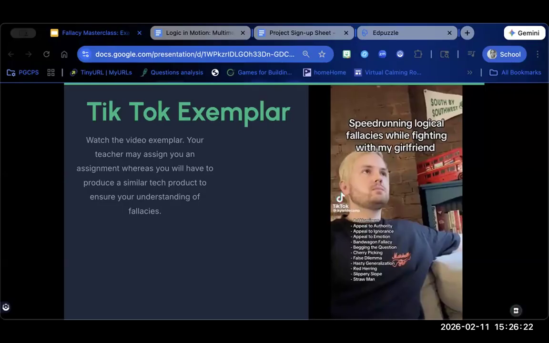And we're only going to see his point of view, as in from the camera's lens, but you'll hear the girlfriend's voice. And some fallacies you may not have heard yet because there's a plethora, meaning many. As he explains these fallacies, he'll be checking them off. Well, not necessarily explains, as he reenacts. All right. So let's check it out.